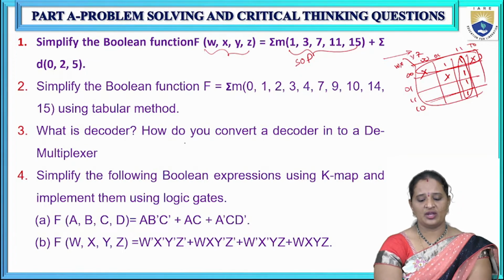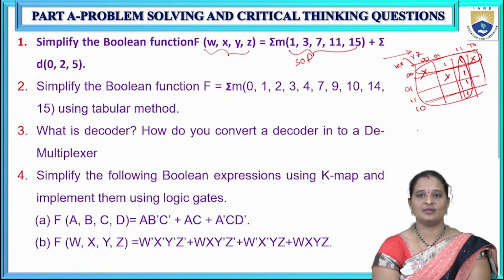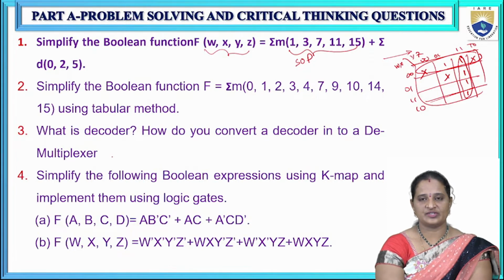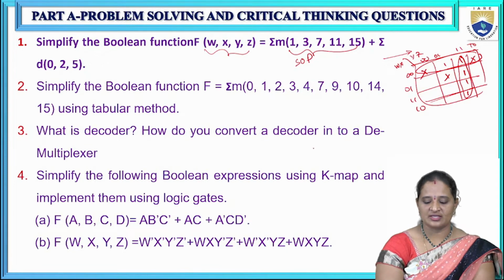And what is a decoder? How do you convert a decoder into a demultiplexer? How to answer these questions? First, define a decoder. A decoder is a combinational logic circuit which can be used to convert given binary data into decimal data, and whose size is given by n by 2 power n.